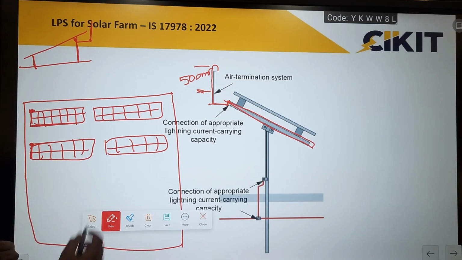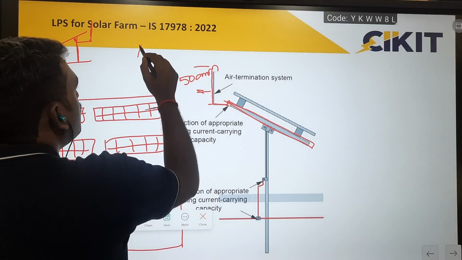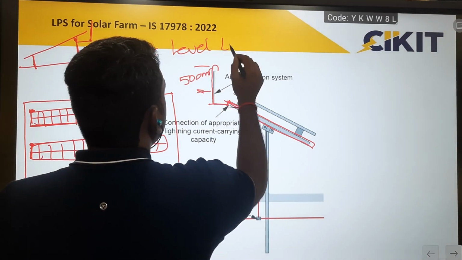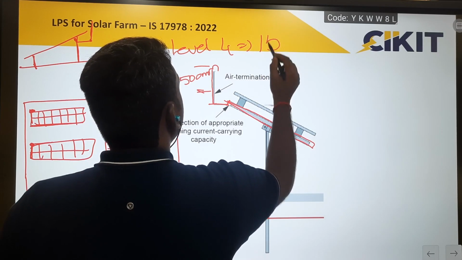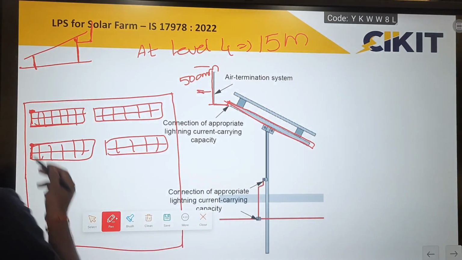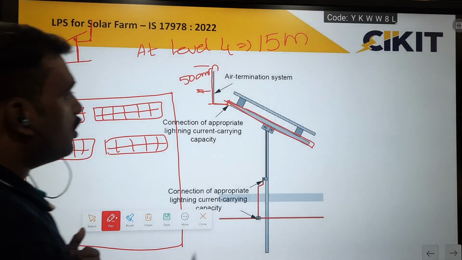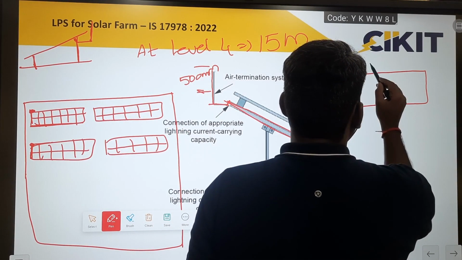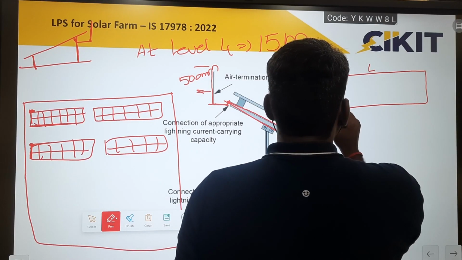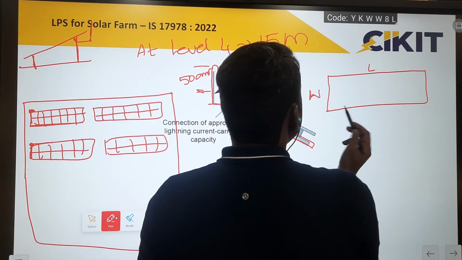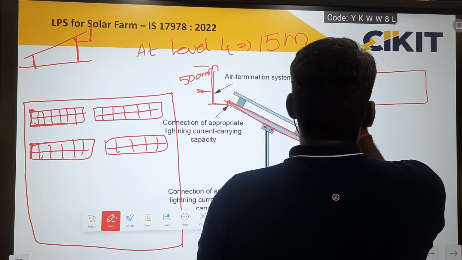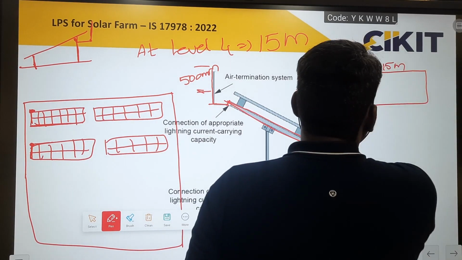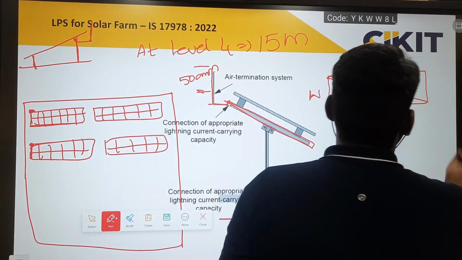So as per the calculation, at level 4, the maximum distance can be only 15 meters. If you consider this as a rectangle, there will be two sides, one is length, another one is width. Here the maximum distance is 15 meters. So if I take this L equal to 50 meters, then the diagonal will be greater than 15 meters.